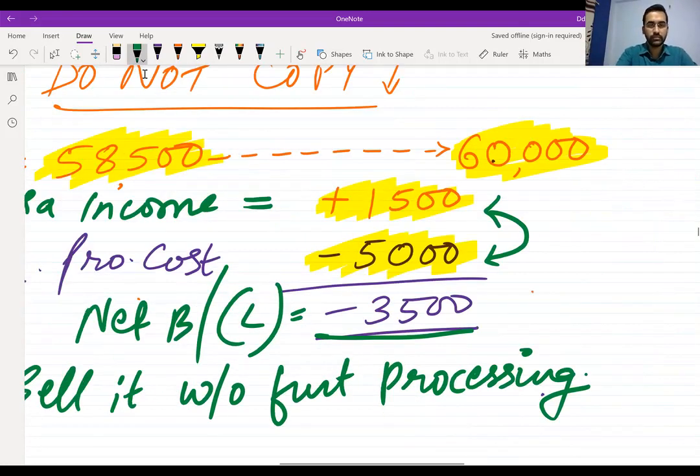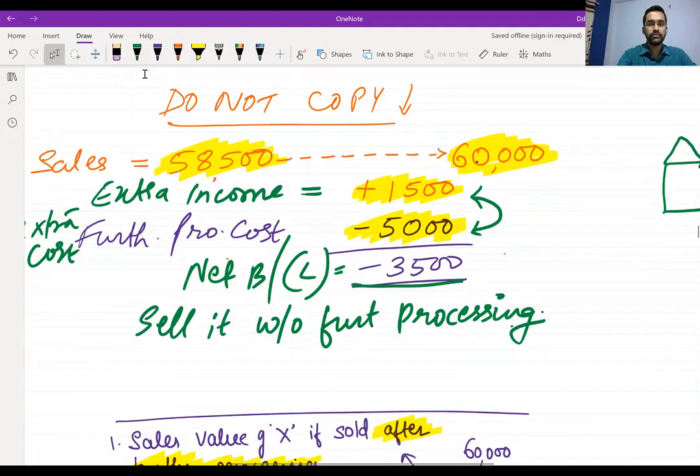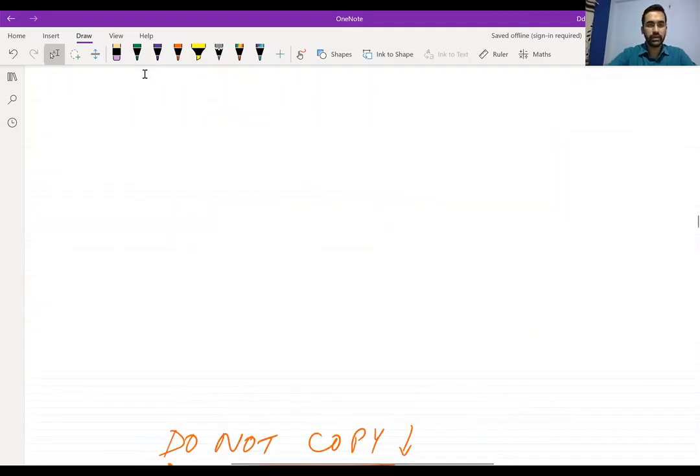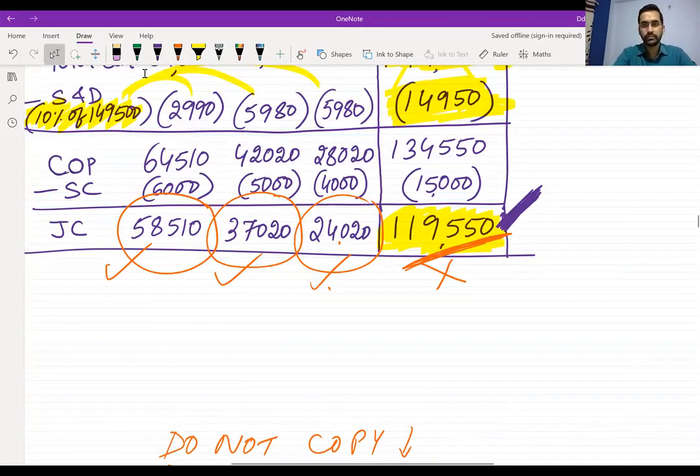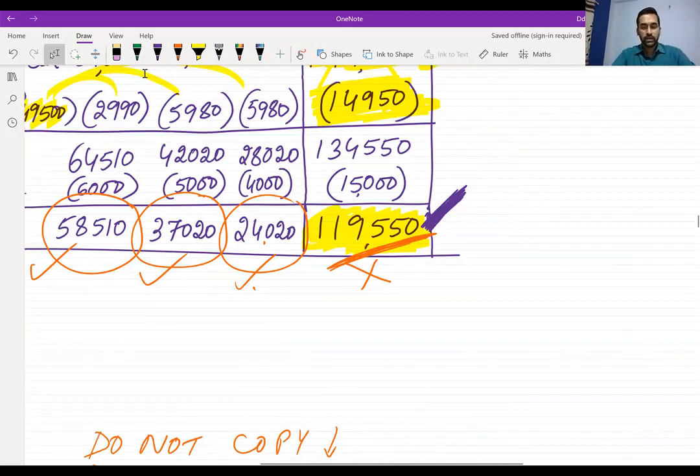Start writing. I will dictate. Decision regarding product X. Particulars, amount.